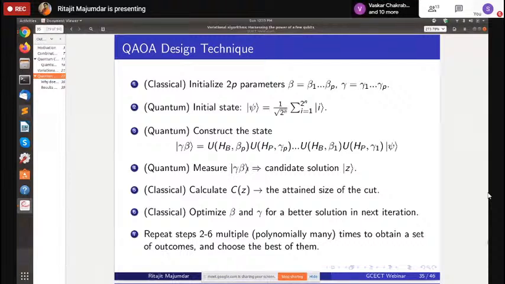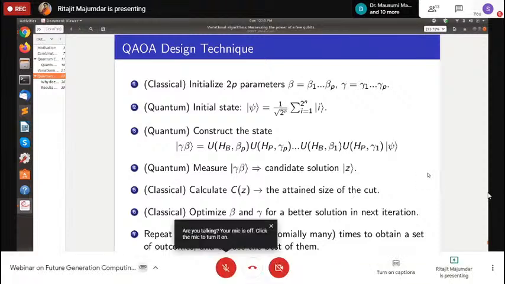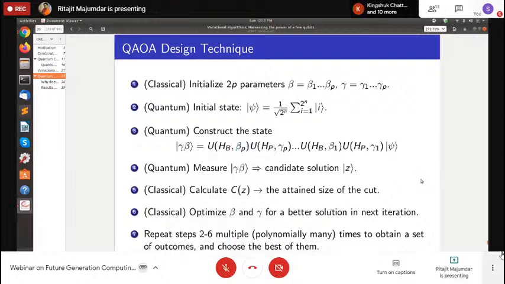So now when you measure this gamma beta, what will happen? This state will collapse to some 0, 1 string. So that is a candidate solution. Now when you get this 0, 1, 0, 1, whatever pattern you received, you calculate the size of the cut. This can be done in a classical computer. Then you need to optimize beta and gamma, and you do this step again such that you are expected to get a better solution in the next iteration.